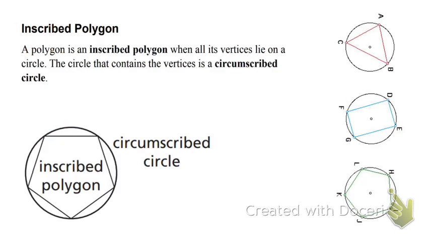Now we are at what happens when you have an entire polygon that's been inscribed into a circle. Remember that when something is inscribed into a circle, it means that all of its vertices are on the circle. And the circle is said to circumscribe the polygon. We've seen this before, but now we're going to see what happens to the measure of the angles when we have a polygon inscribed into a circle.